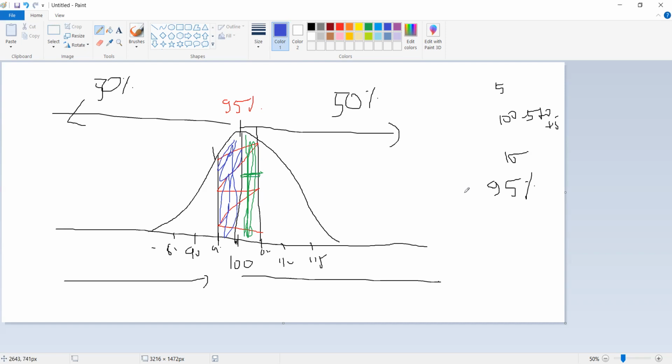Look at it this way. If it is 15 instead of 5, and this is 100, then the 95 will be at what point? 100 minus 15. What is that? 85 to 115. 1 sigma is always 95%.